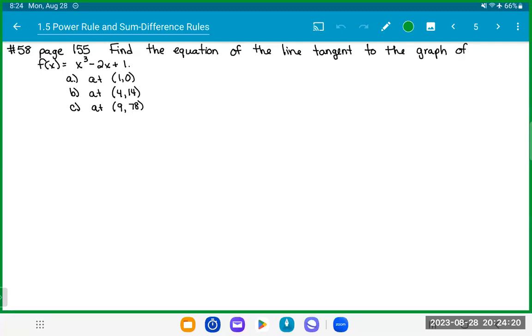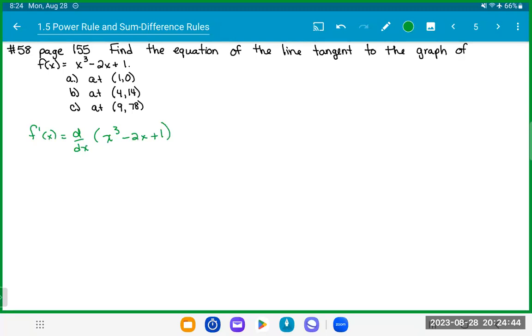Okay. So for this problem, we first have to find the derivative. So the derivative of our function is equal to d over dx of this x cubed minus 2x plus 1.